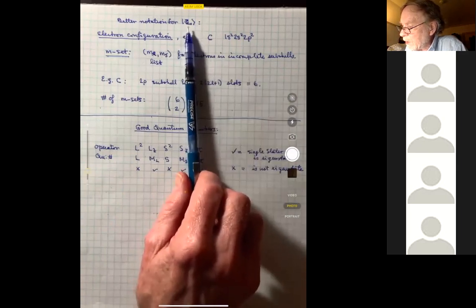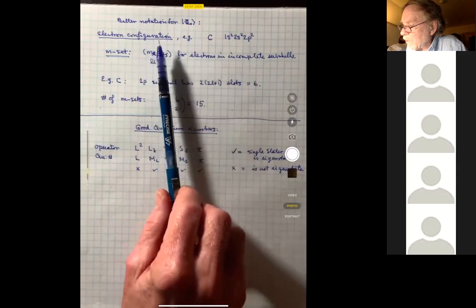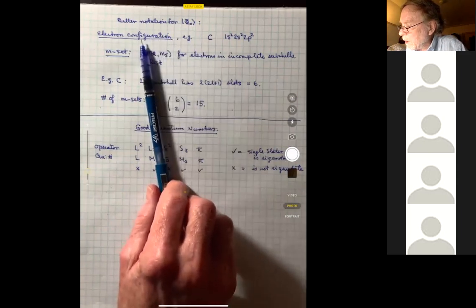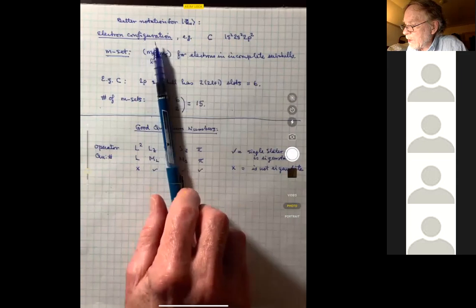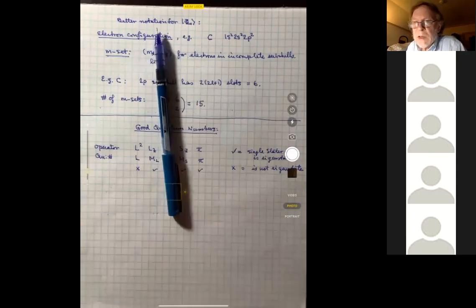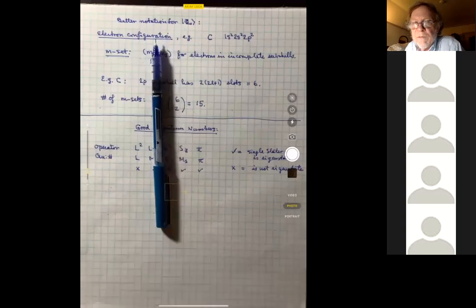A better notation for this is to write it in terms of two things. First of all, an electron configuration. To back up a little bit, the Slater determinant is made up of single particle orbitals, and it's specified by the list of orbitals that are occupied. And since those are now central force orbitals, that amounts to a list of central force quantum numbers which are occupied. So part of that information is contained in the electron configuration, because it tells you how many electrons there are in each subshell.